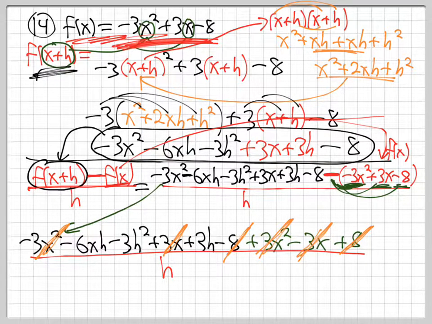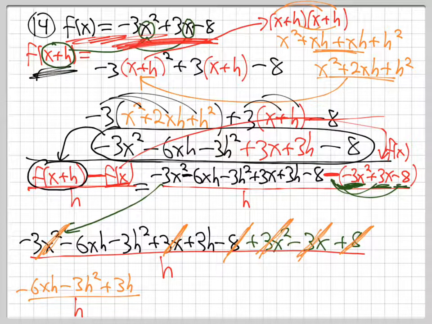All right, so now where do we go from here? So just what's left is left. Well, actually, that's not entirely the whole story. We got to divide off that h also, huh? So what are we left with? Minus 6xh minus 3h squared plus 3h. Anything else? That's it. Over the h. Now, remember what's going to happen on the last step?